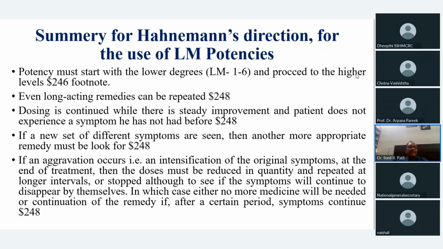The potency must start from a lower degree, that is LM1 to LM6, and then proceed to higher levels. Hahnemann mentioned in the footnote of aphorism 246 that even long-acting remedies like Sulphur and Lycopodium can be repeated, see aphorism 248.